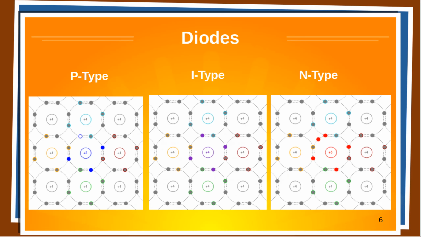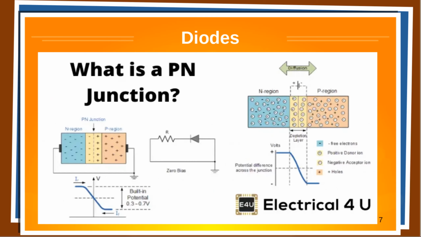Okay, so here we're back to our P-type material, where we've got a hole. We've got N-type material, where we've got an excess electron in the crystal. And we have what's called intrinsic type, which is pure silicon, and that comes up for a PIN diode. I never knew what a PIN diode was.